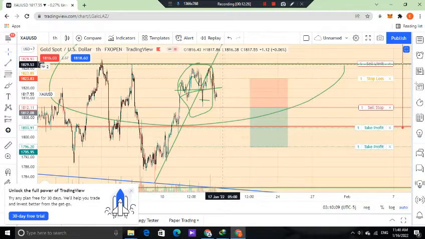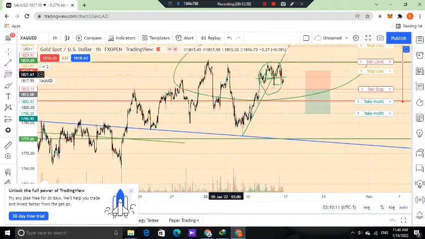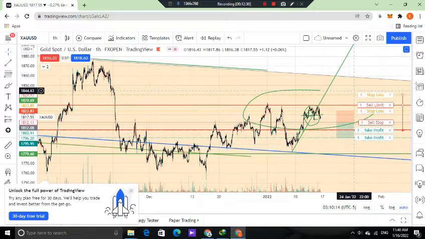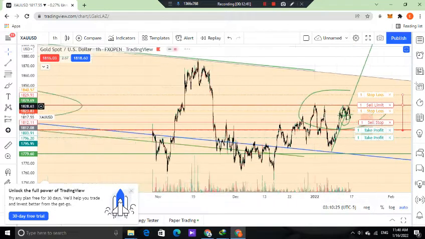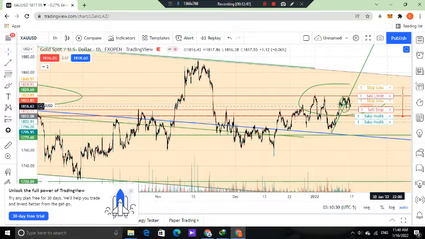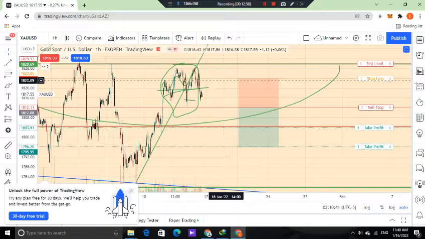I can't remember the reason for that. But if you want to enter at this level, set your stop loss beyond this area, because you don't want to get out of the position by a shadow.